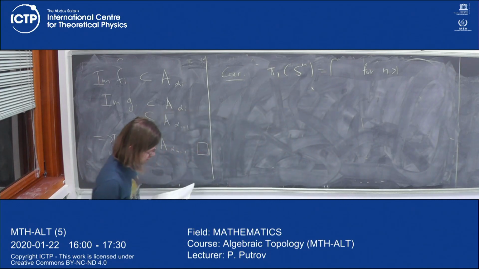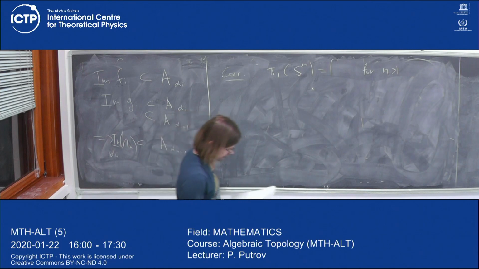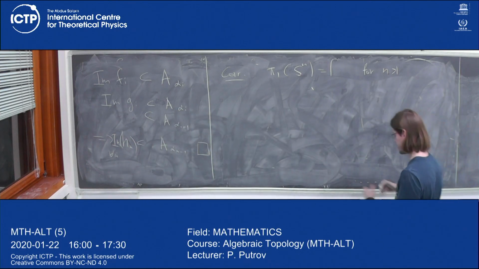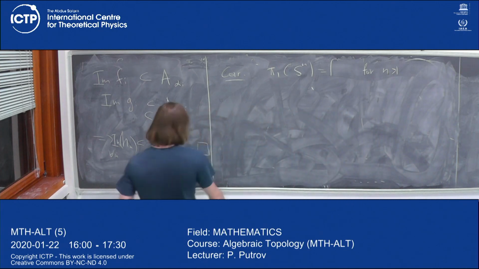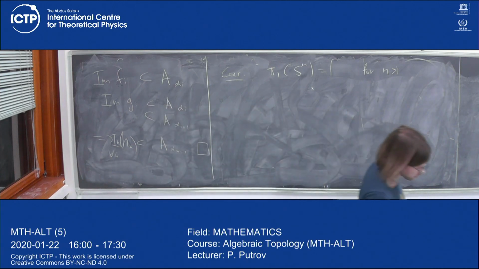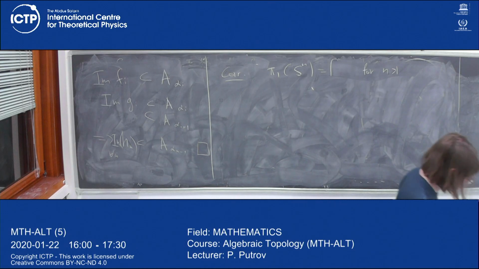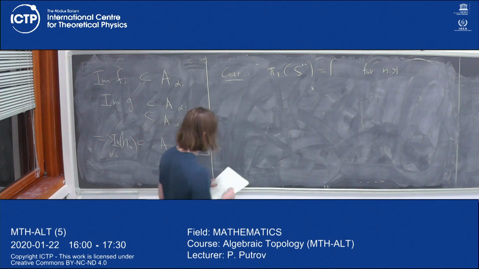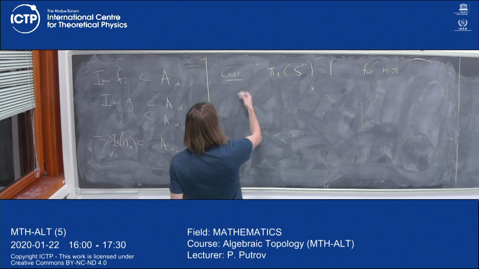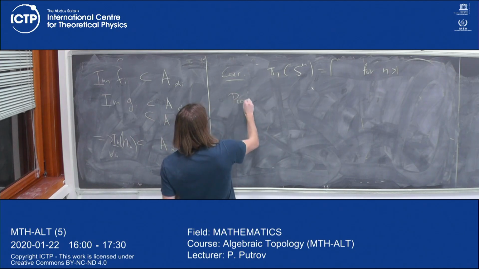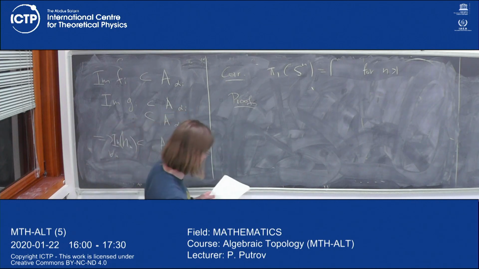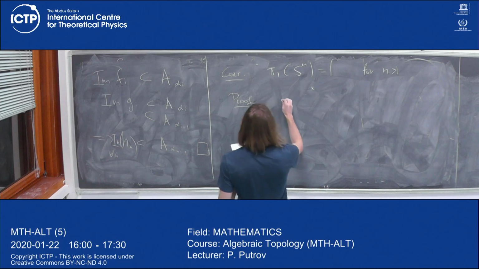One can of course prove it by constructing explicitly a path homotopy from any path to a constant path, but I can prove it less explicitly by using this statement. And so this is just some example of application of this lemma.